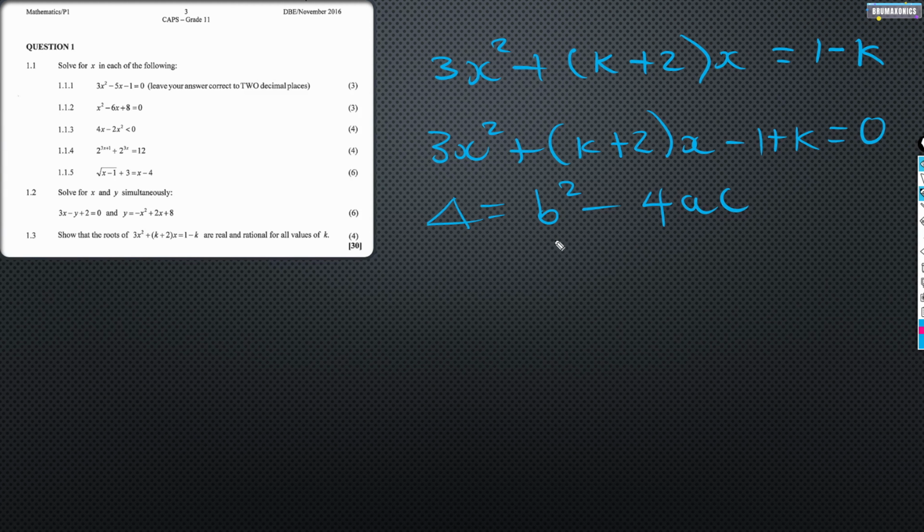So we have to identify b, and also a and c. So we now know that our a will be here, and then we have our b, and we have our c, right?